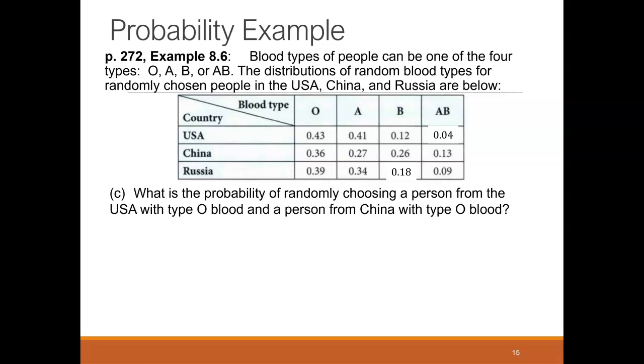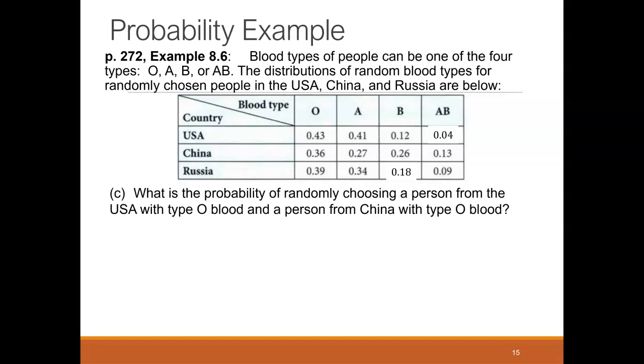Step 1. How many events are occurring? 2. There's picking the person from the US and then picking the person from China, correct?